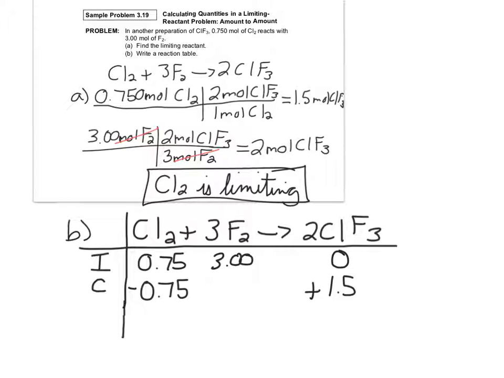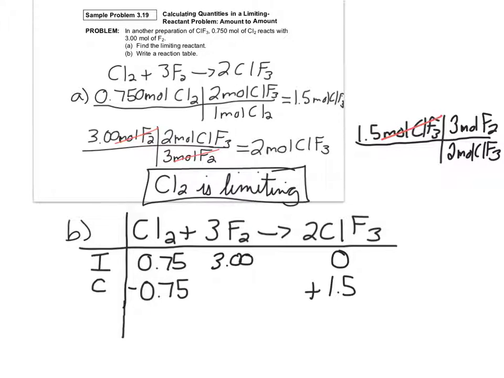All right, now let's figure out how much fluorine we used up. So I know that I made 1.5 moles of ClF3. And I'm going to set me up a T here. So I want to know how many moles of fluorine did it take to make that much ClF3. So I'm going to use my balanced chemical equation again as my conversion factor, right? Because for every 2 moles of ClF3, it takes 3 moles of fluorine. So for every 2 moles ClF3, we have 3 moles of fluorine.